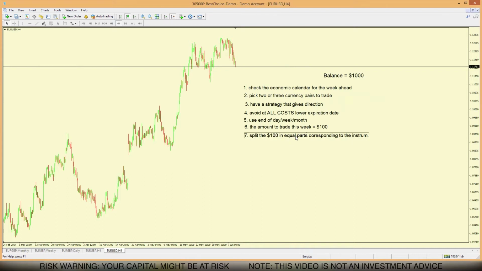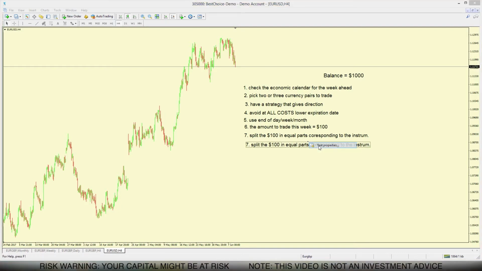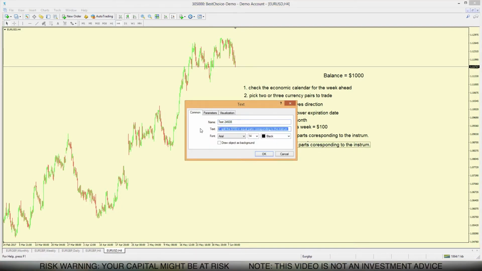Now the next thing is, of course, let's say that we only want to sell Euro US dollar, so we want to buy put options on the Euro US dollar. What would you do? Would you go and buy puts on Euro US dollar with the whole $25 amount? Definitely not. Because during a trading week the market fluctuates, moves, so we want the best entry possible for our option.